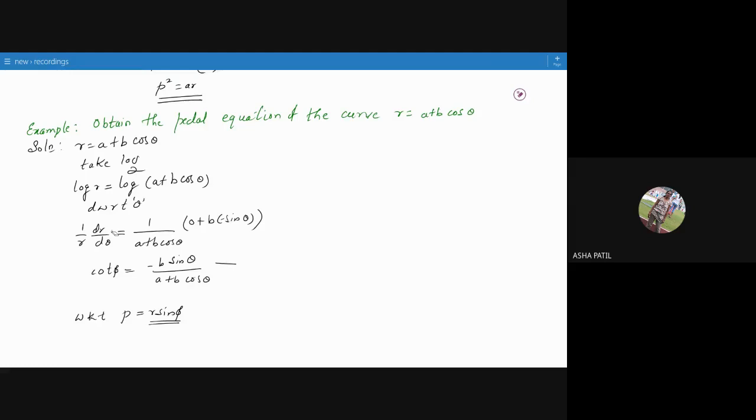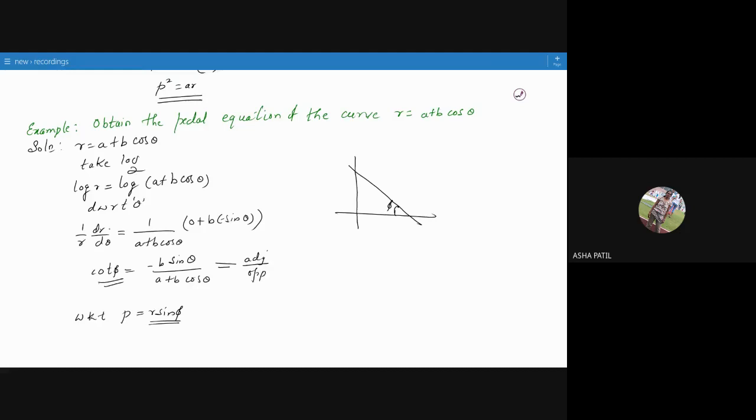Hence, let us consider a triangle and mark an angle phi. Now, cot phi, which we have got, is nothing but adjacent divided by opposite.